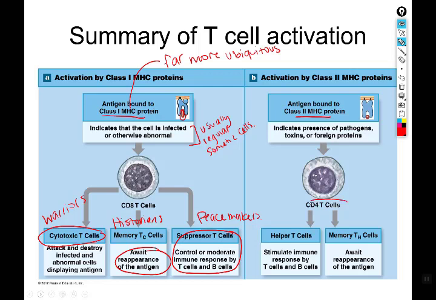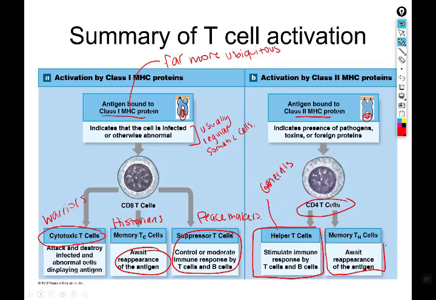So CD4 helper T cells are going to respond to foreign antigens in a class 2, and they are going to stimulate more helper T cells. So remember, these are kind of like generals in the army. So battle coordinators and directors.